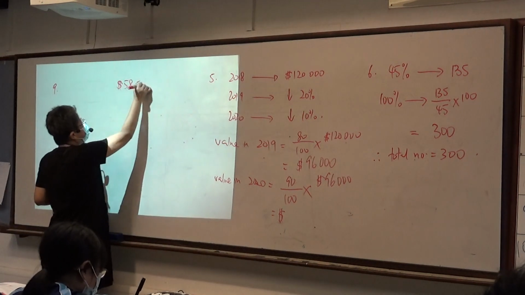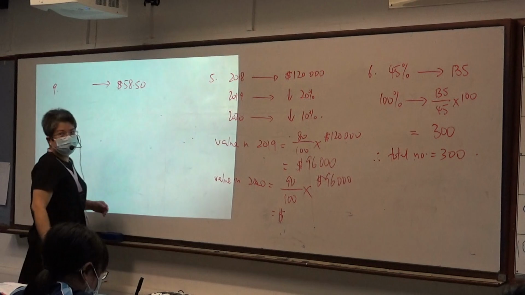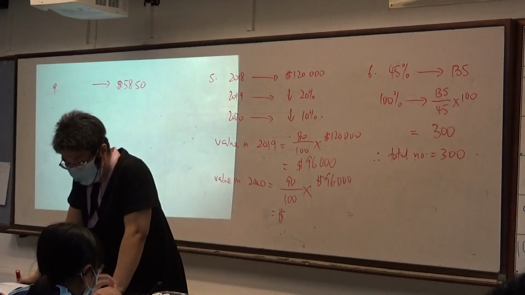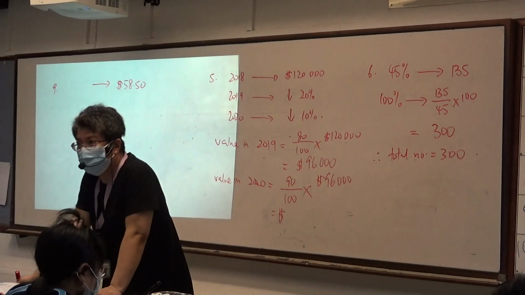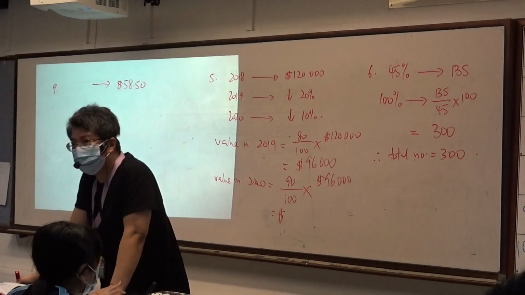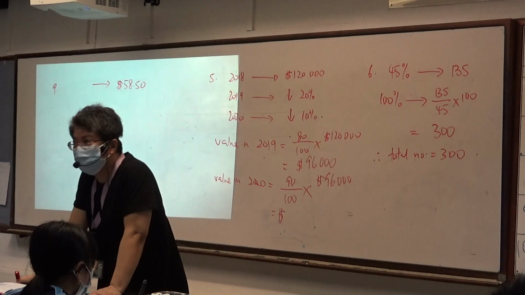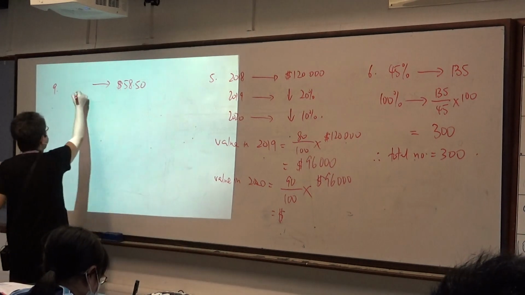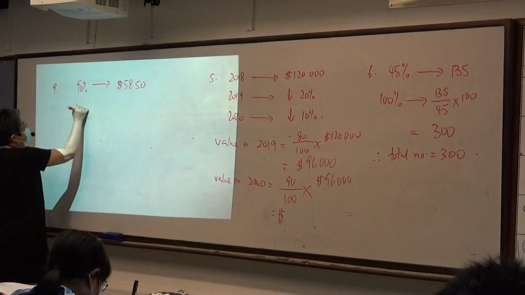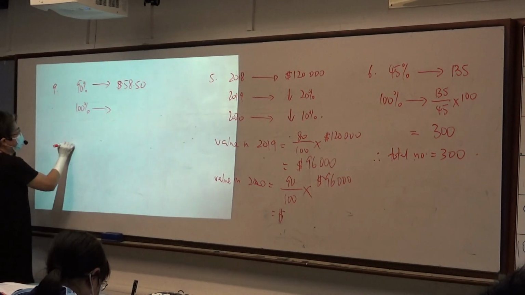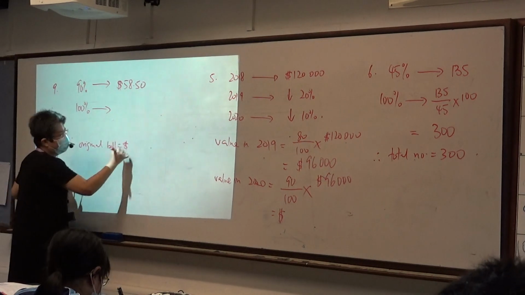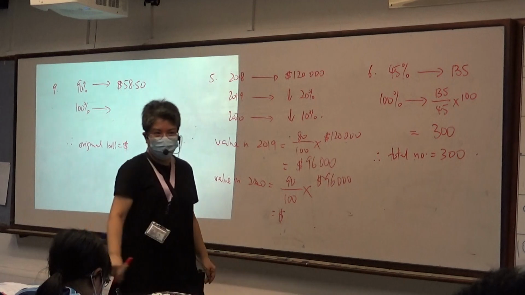I want to know this one is how many percent? I want you to tell me. 90. Do you know why it's 90? Because how many percent is deducted? 10. Okay. 90. I want you to find 100%, so therefore, original bill is how much? Do it yourself. I want the working done.